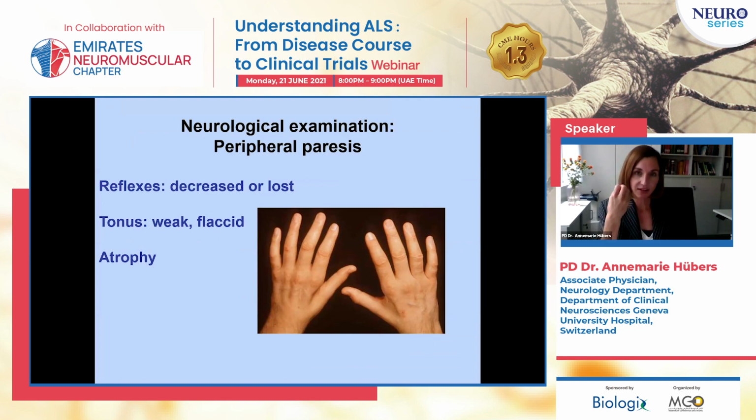It's a very classical sign of lower motor neuron affection in ALS, and it's called split hand syndrome because you see the atrophy of the first dorsal interosseous muscle, while the other hand muscles, and especially the hypothenar, are quite preserved still.